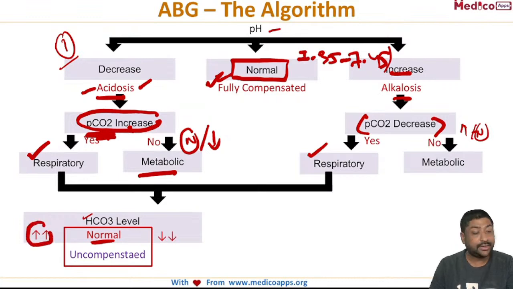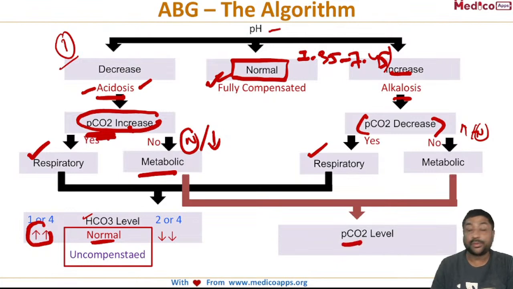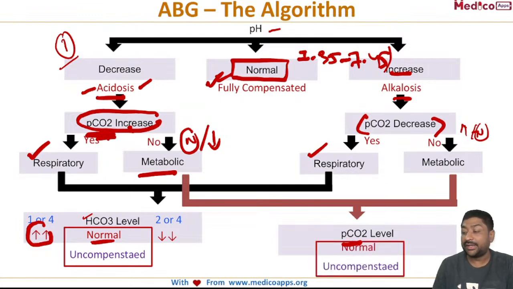If the bicarbonate is increased or decreased, it is compensated accordingly. Now let's look at the metabolic. Again we will look at the PCO2, because in metabolic, the primary derangement is of bicarbonate, so PCO2 will change. If the PCO2 is normal, then it is uncompensated. If increased or decreased, then it is partially compensated. Is it clear?